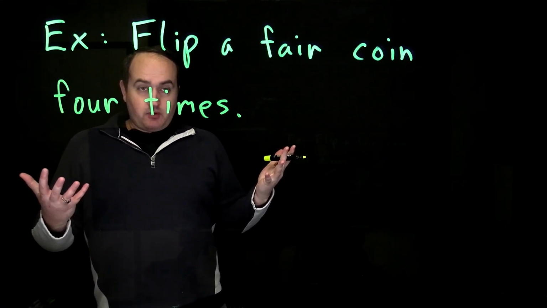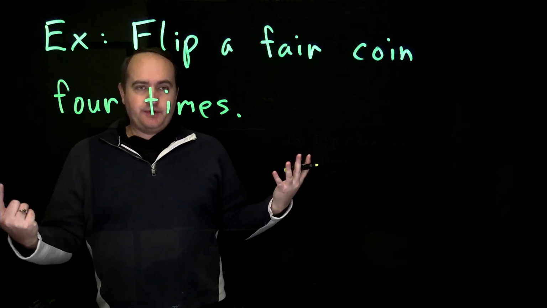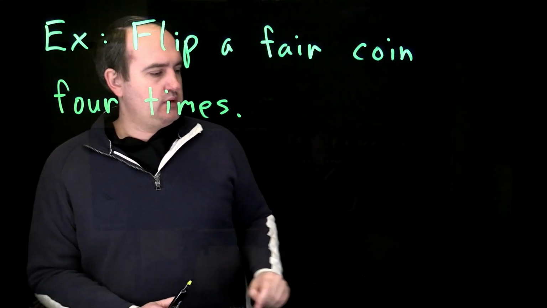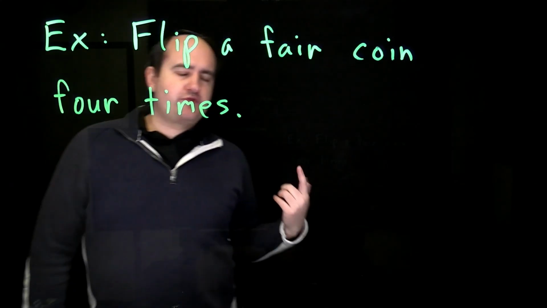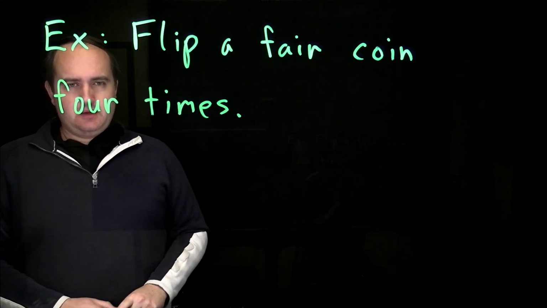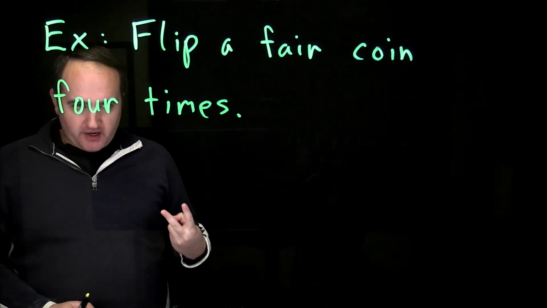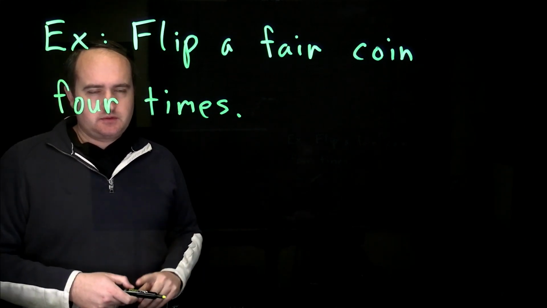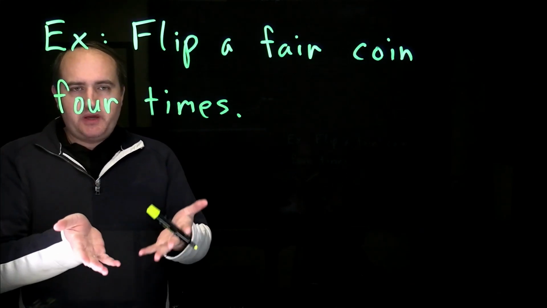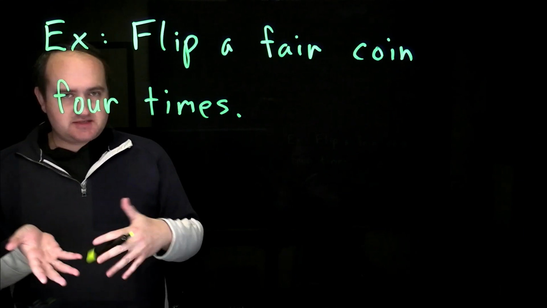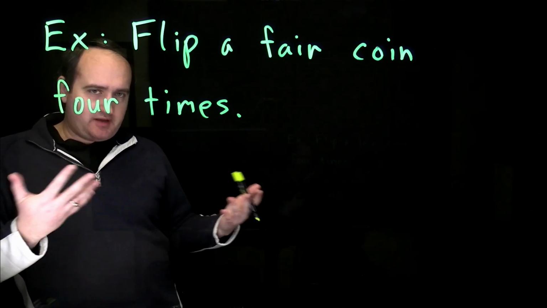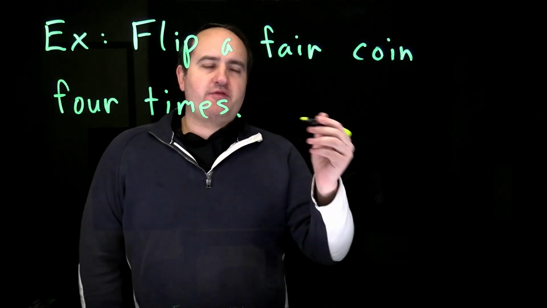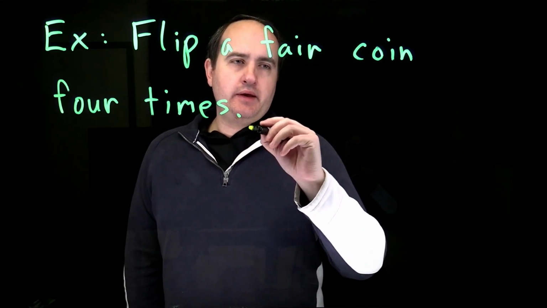This is an example of a binomial probability distribution. Because first of all, there are only 2 possible outcomes, heads or tails. And we just need to pick one of those outcomes to be a success and the other one to be a failure.